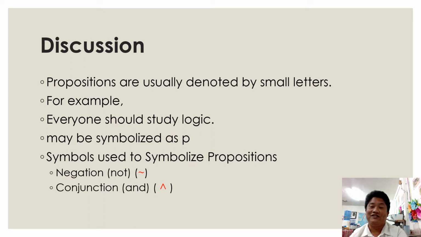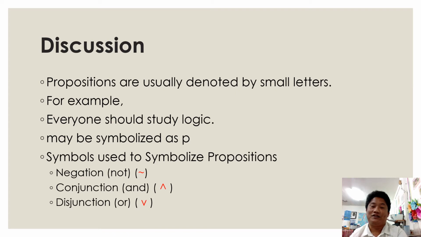But here in logic, we have conjunction with the use of and. Here, it's an operation on 2 logical values. So we connect 2 logical values with the word and. And the symbol of conjunction here in logic is the arrow up.